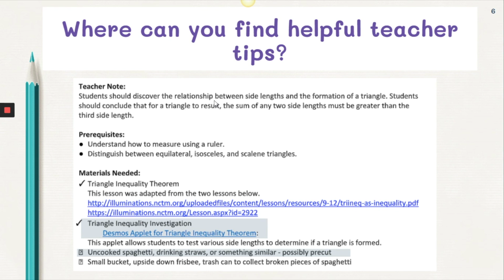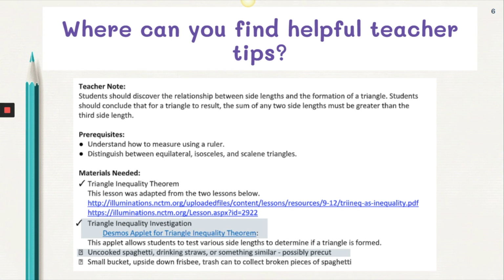Those helpful teacher tips, if you see here down towards the bottom, we're going to use the Desmos applet for Triangle Inequality Theorem. And also uncooked spaghetti or drinking straws, something similar that can be cut. And for your students, you might want to pre-cut those. I have found that when I let my students cut or break the spaghetti, most of their spaghetti lengths tend to be similar.